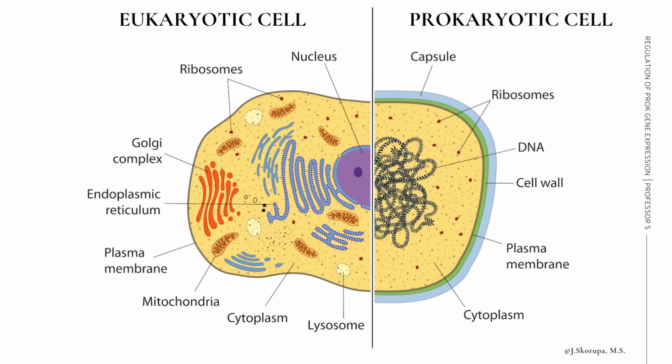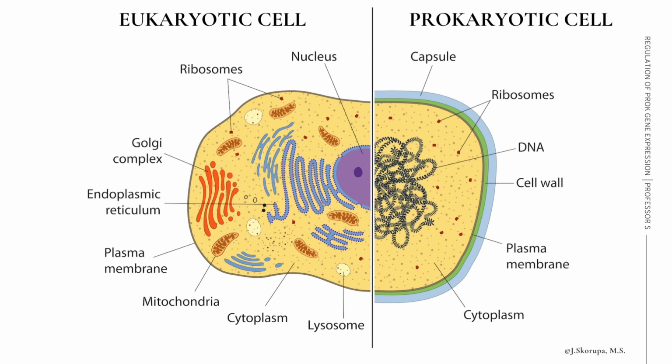Quick review of eukaryotic versus prokaryotic cells. Eukaryotic organelles are membrane-bound, and this compartmentalization of enzymes allows for specific functions. Prokaryotic organelles are not membrane-bound. Everything is free-floating in the cytosol. The big one to note for this lecture is, of course, the nucleus, which is only in eukaryotic cells.